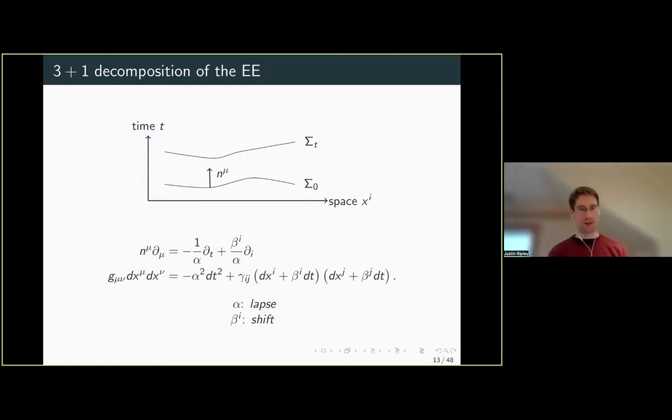Then you have the spatial metric gamma ij. This is the canonical 3+1 decomposition that everyone in numerical relativity talks about: how do you split this g mu nu, these covariant equations of motion, into space plus time, into something you can evolve in time? So you have to pick a time direction, delta t.